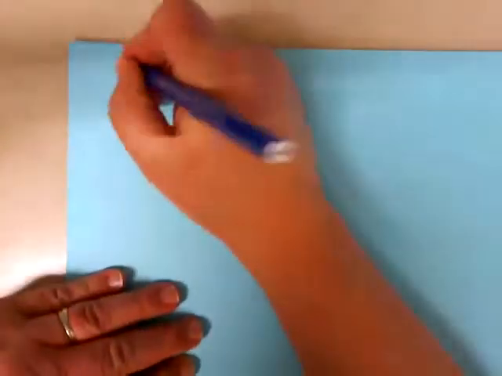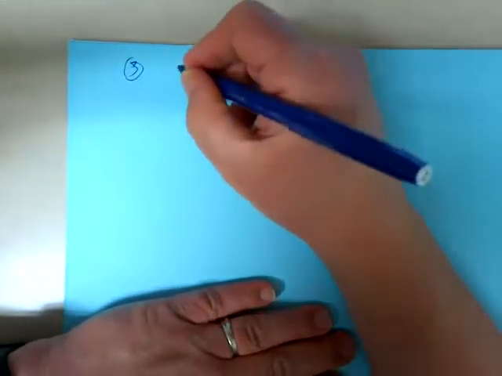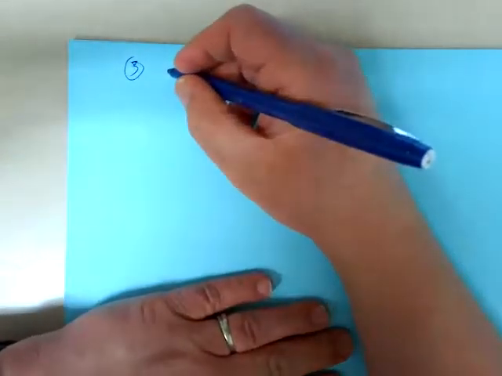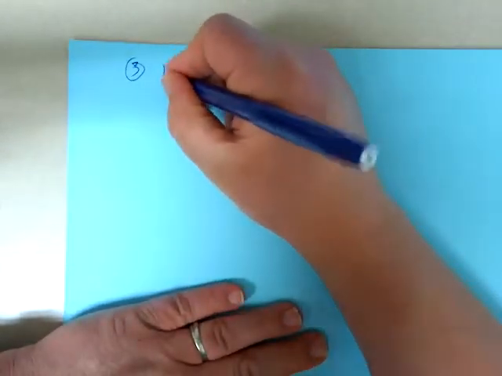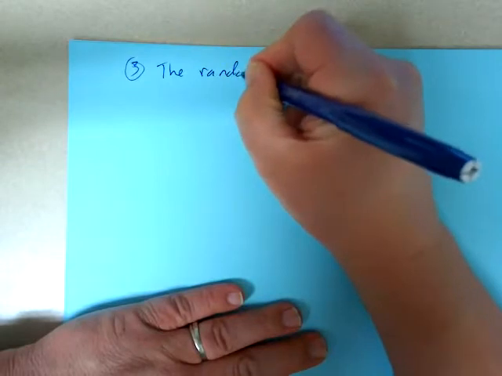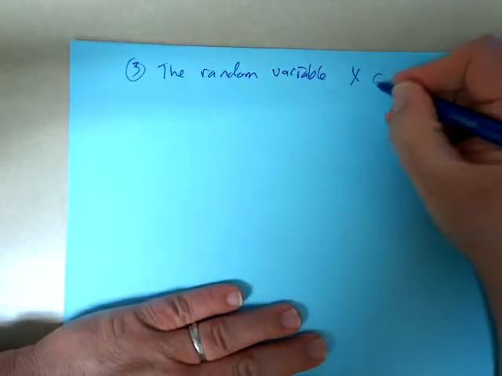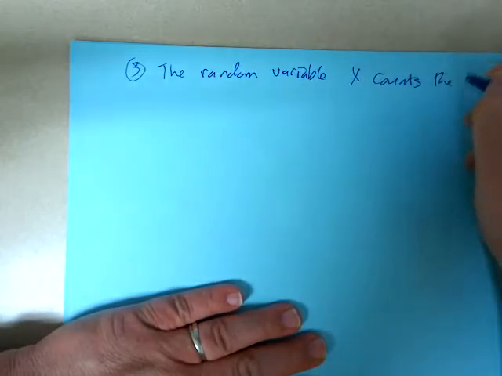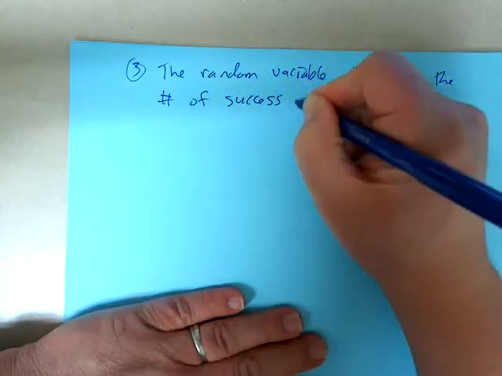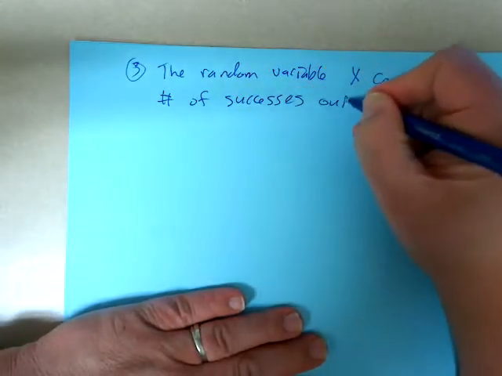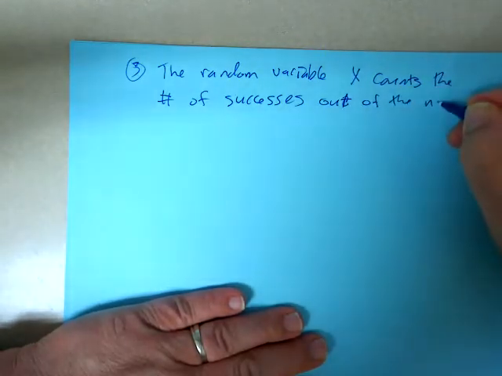And then the final thing, number 3, is that the random variable X counts the number of successes out of the n trials.